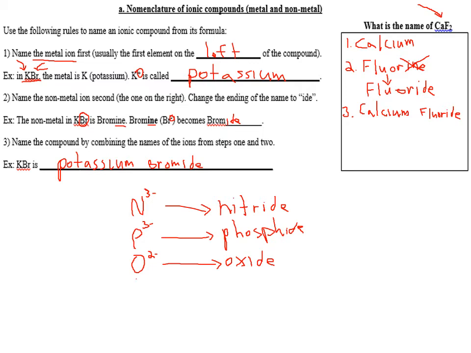When hydrogen becomes an ion, it becomes hydride. And when sulfur becomes an ion, it becomes sulfide.